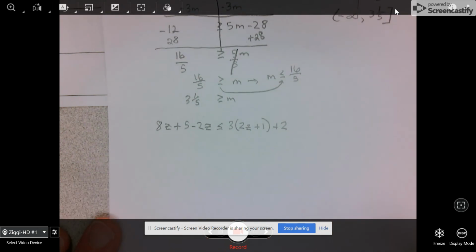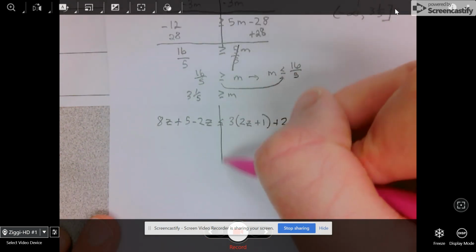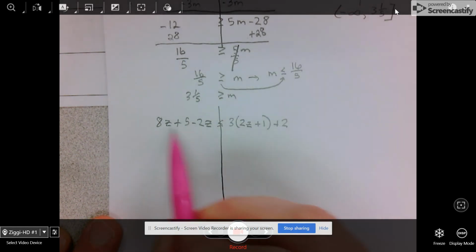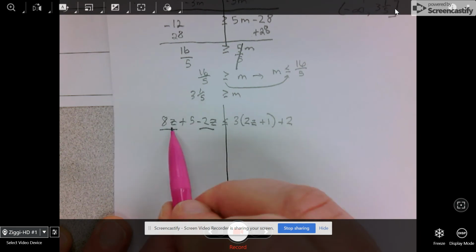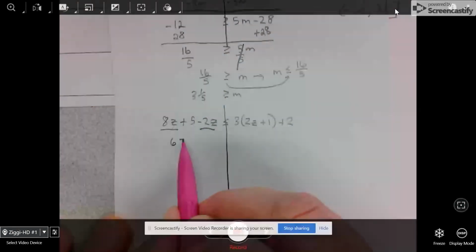This is 6z plus 3 plus 2. Again, combine your like terms. 6z plus 5, 6z plus 5. I know those are the same thing. I can subtract everything any way I want to, but those are equal to each other. 6z plus 5 is less than or equal to 6z plus 5 because of that equals right there.